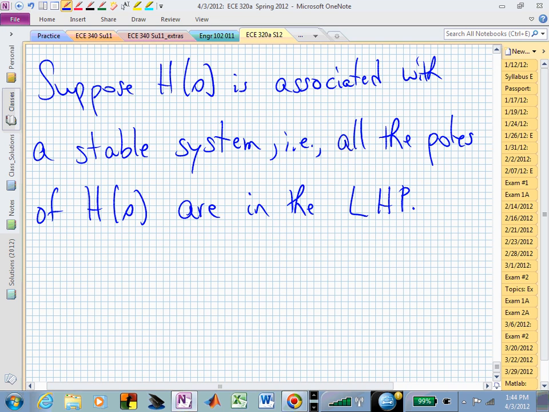They're in the LHP, the left half plane.